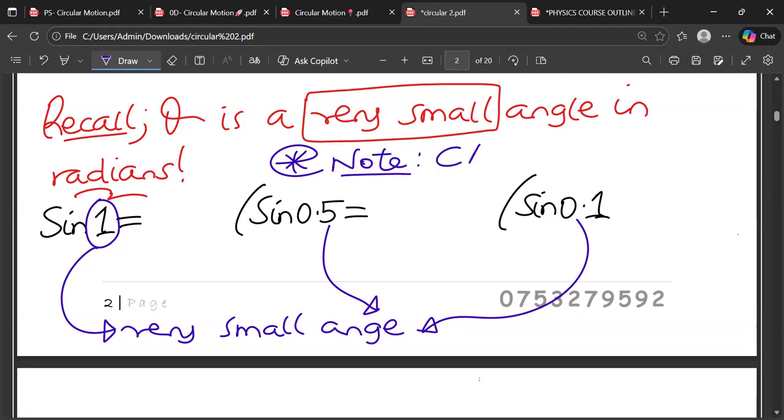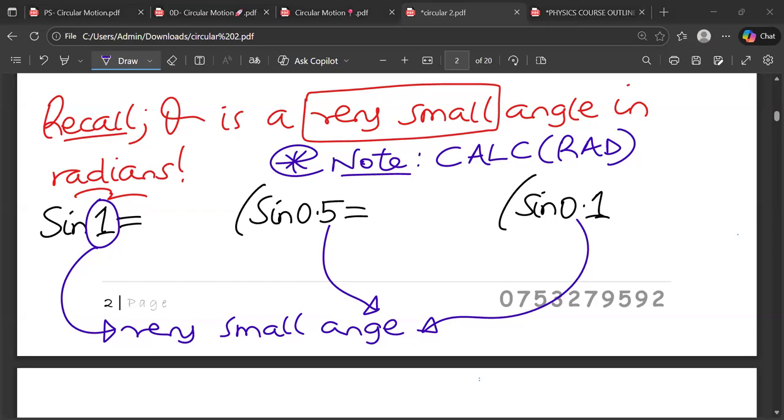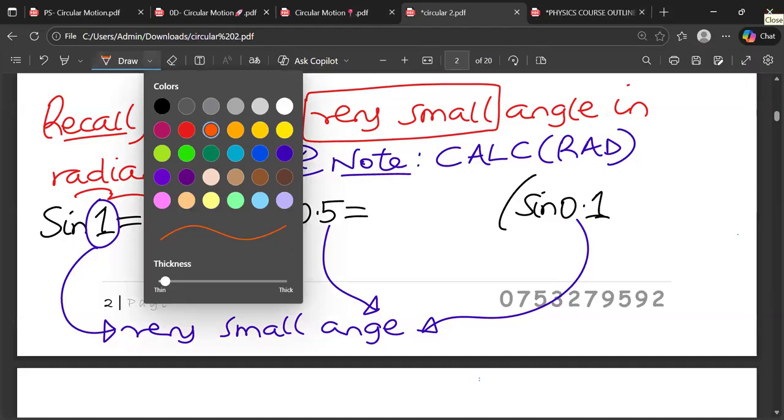You note that the calculator is in radians. I want those 3 answers, separated with commas. 0.84. This one is 0.84.